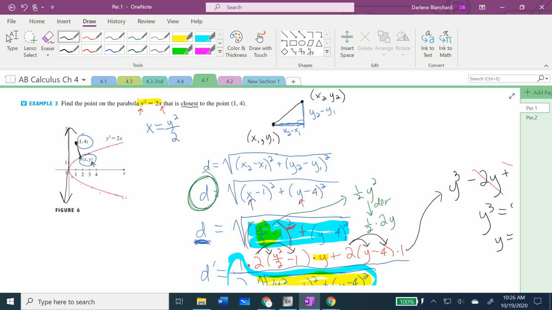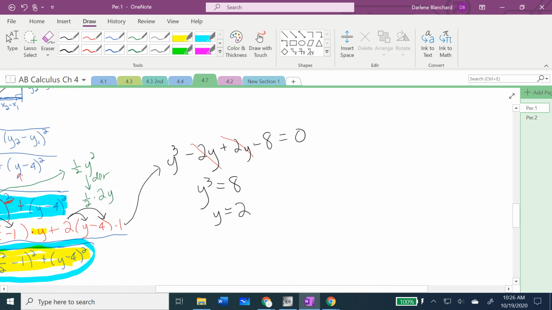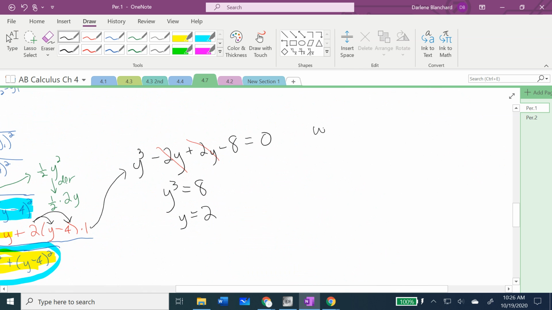If you need to justify that that is your absolute minimum, you just need to express that when y is less than 2, the rate of change of distance is, and then put positive or negative. And when y is greater than 2, it's the other way around.